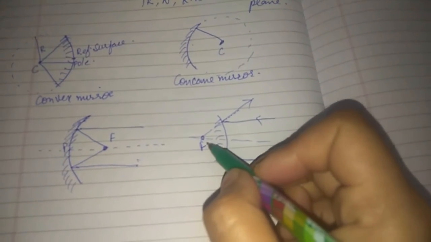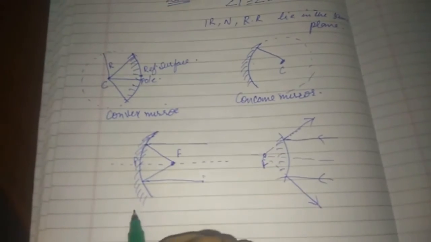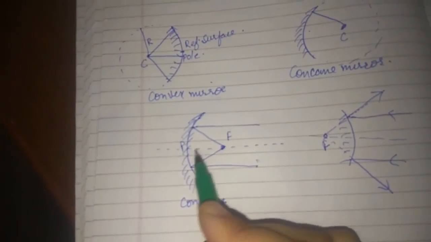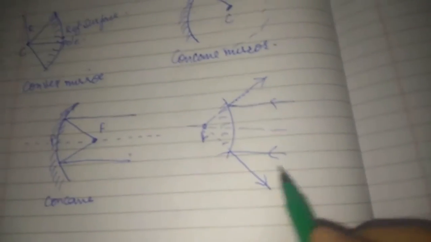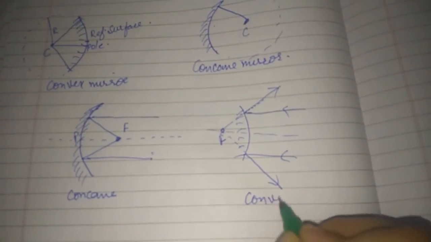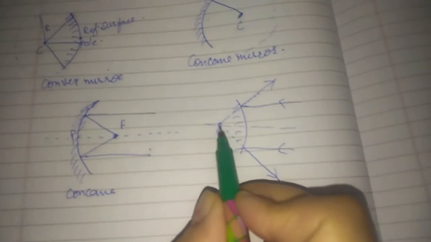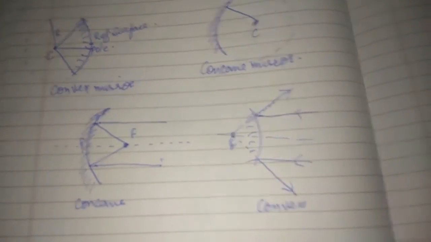This point is called the focus. In case of a concave mirror the focus is lying in front of the mirror, and in case of a convex mirror the focus is lying behind the mirror.